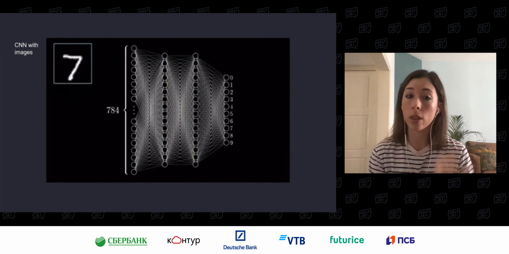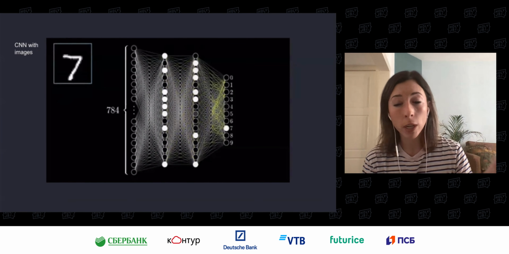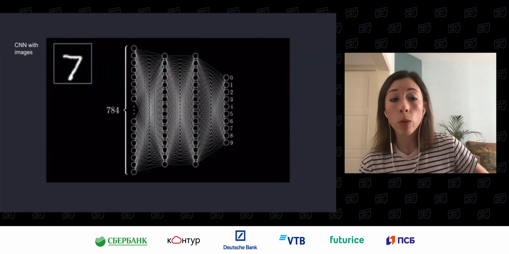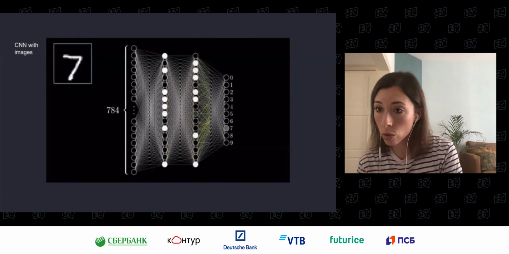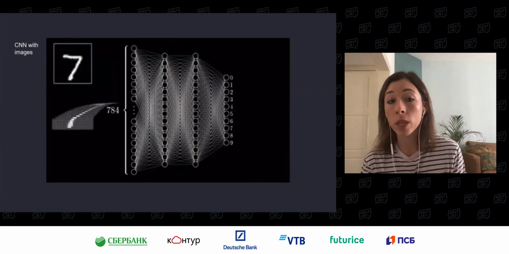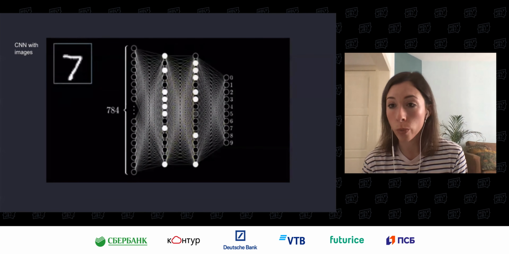This is why I put this animation on the slide, where if we had a spectrogram that was a small image of 28 by 28 pixels, it would be 784 pixels in total that you could feed into different layers of convolutional neural network, and that would be much faster than training a model with audio data.